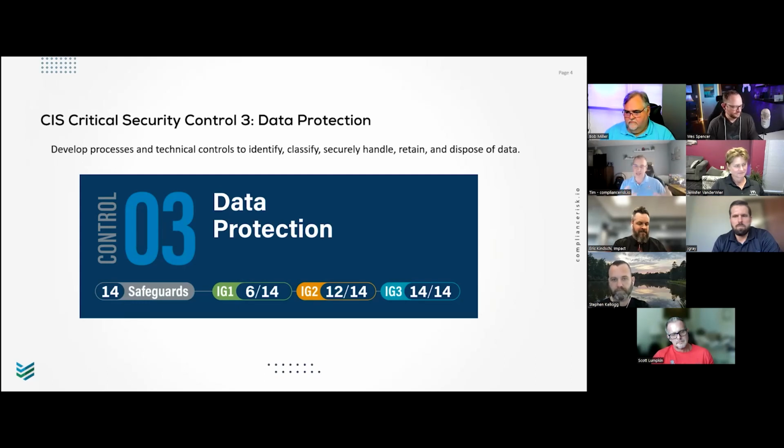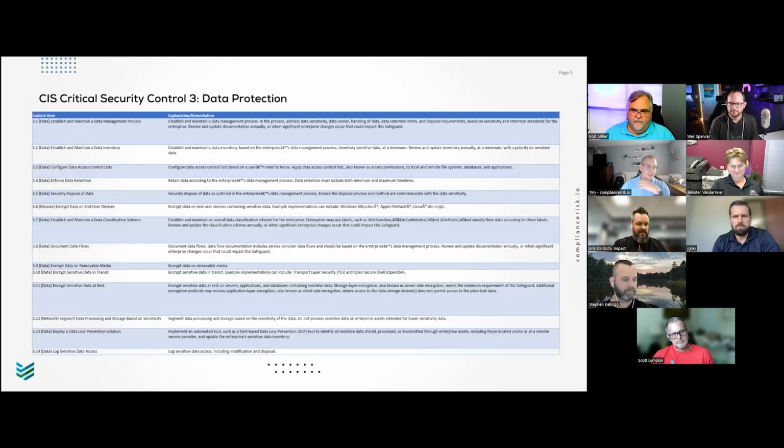So Wes and I want to talk a little bit about, as we mentioned earlier, CIS. There's a whole set of controls specifically on data protection. And, IG1, you see the slide. I'm not going to get into it, but I'll show you real quick. There are 14 pieces of CIS in section 3, all around data protection.